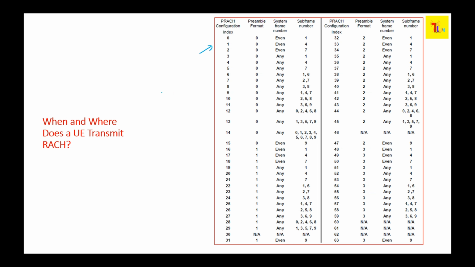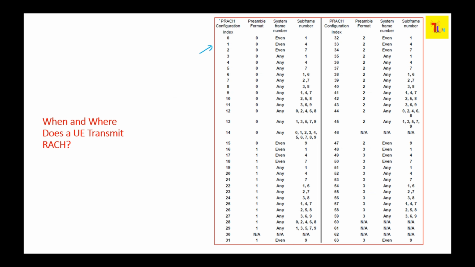Now try to understand in a very simple manner: the eNodeB reserves a specific resource block also for PRACH. There are two important configurations from SIB2. I will show you what are the IEs that we are going to use.